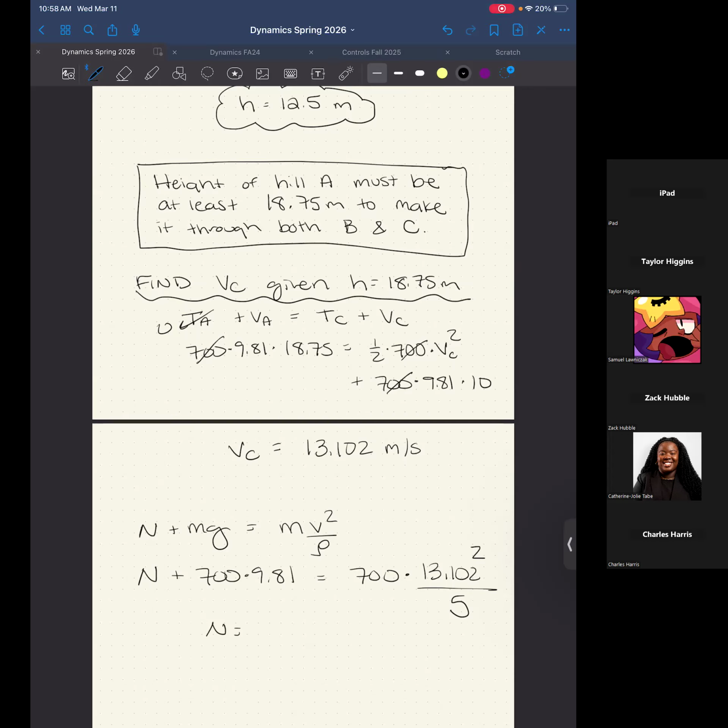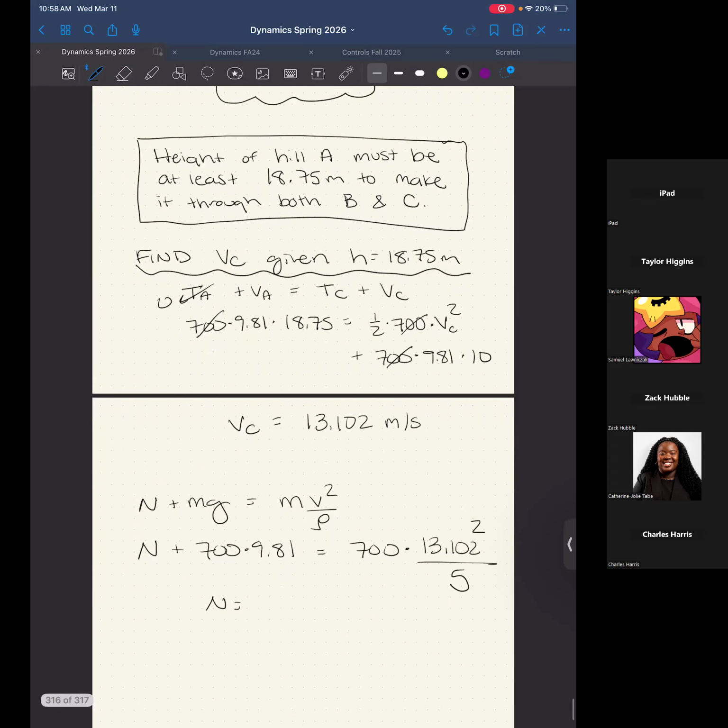Okay, so 700 times 13.102 squared divided by 5 minus 700 times 9.81. I'm getting 17.165 kilonewtons. Okay, I just thought that number was really big. I was worried I got it wrong.